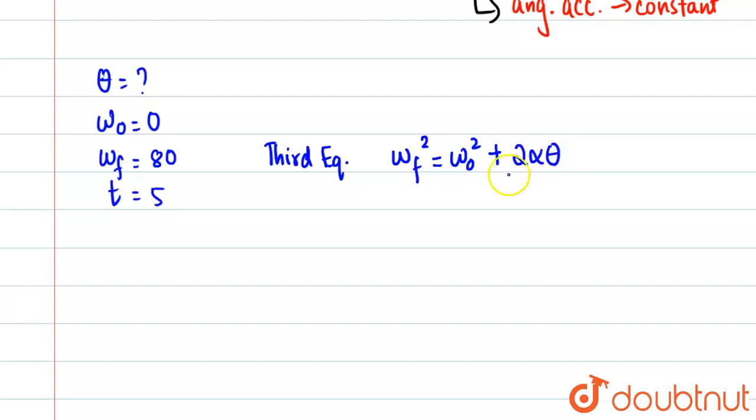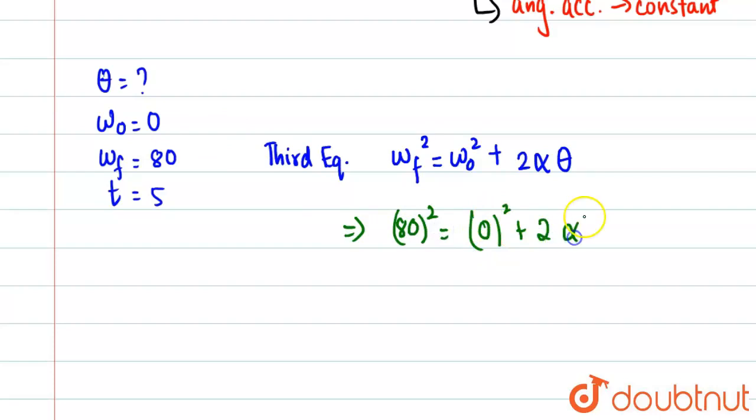Here omega f is the final angular velocity, omega naught is the initial angular velocity, alpha is angular acceleration and theta is angular displacement. We'll put all the values. So 80 squared will be equal to 0 square plus 2 into alpha.